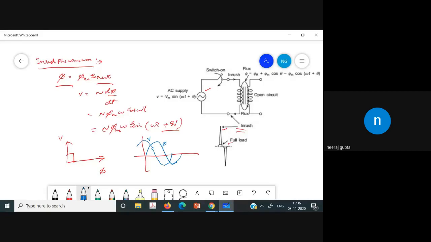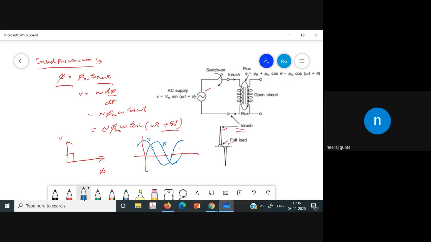Now from this, what we analyze is that when the voltage is passing through zero and becoming positive, as you have seen in this case, let us suppose here, then the flux should be at the negative maximum.